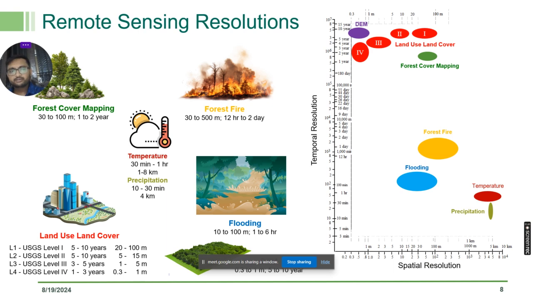Forest fire will also happen in a wider area or wider reach. So a 30 to 100-meter scale will work partially. But when we talk about temporal resolution for applications associated with natural disasters, the temporal resolution should be very high, like 12-hour to daily scale.